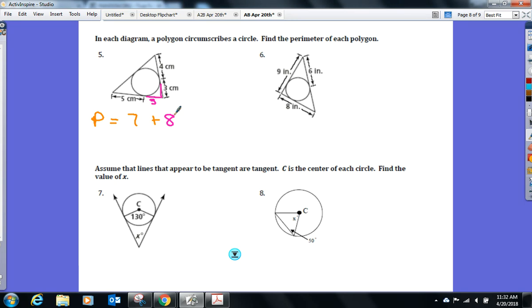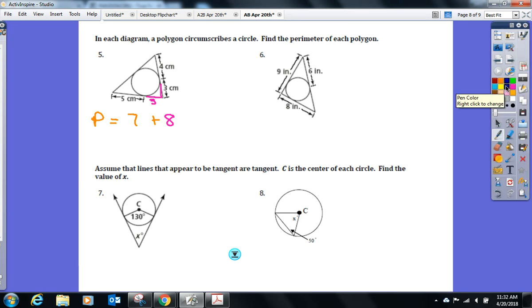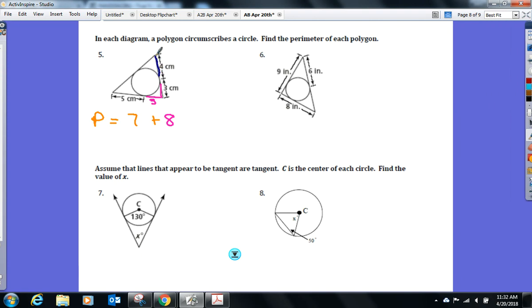Again, two tangents being drawn to the same external point are congruent. 4 and 4. And what about this piece here? Two tangents drawn to the same point, so that's got to be 5 for a total side of 9. Everyone see how I'm using that theorem? And then this perimeter would be 24 centimeters.